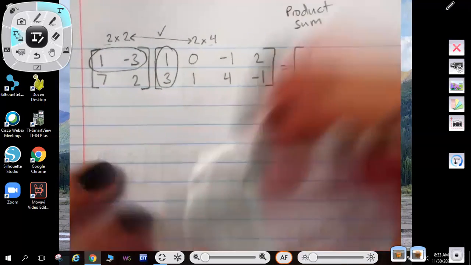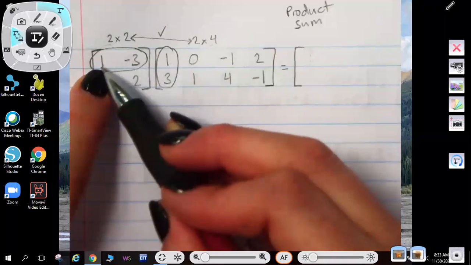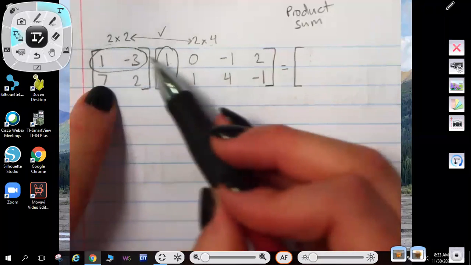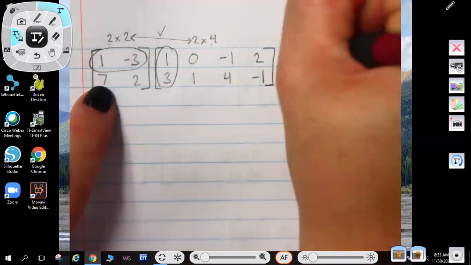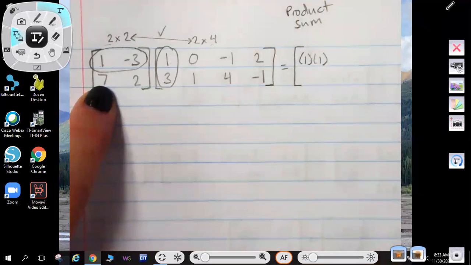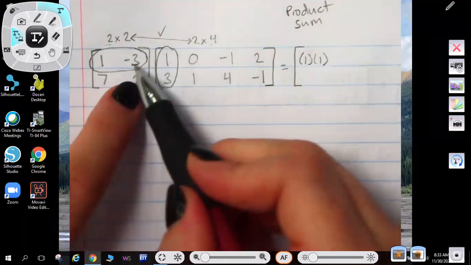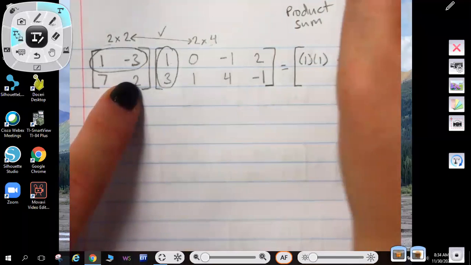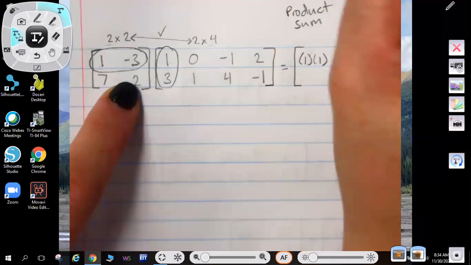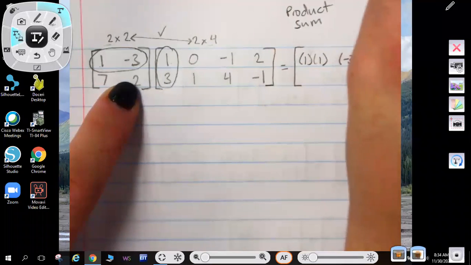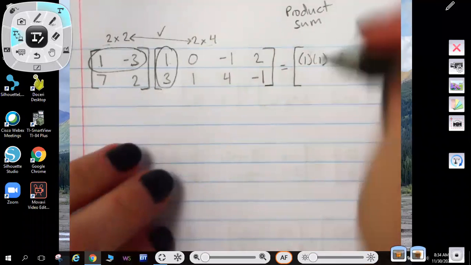So we take the first 2 numbers in that row and column, which would be a 1 and a 1, and we multiply 1 times 1. Then we take the second 2 numbers, -3 and 3, and we multiply those together, -3 times 3.